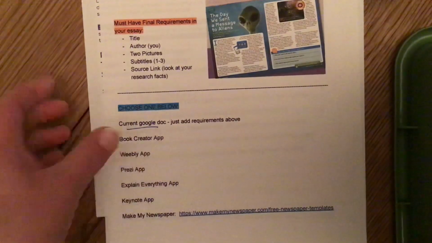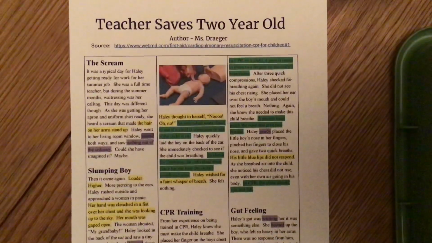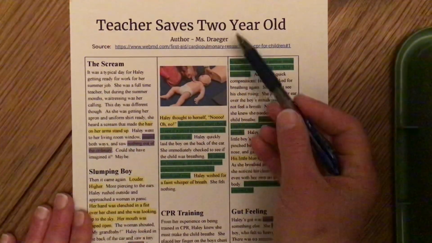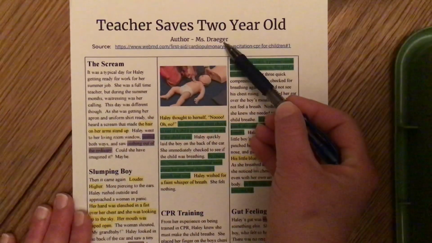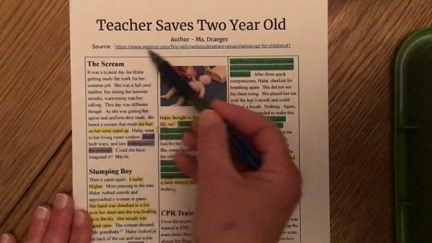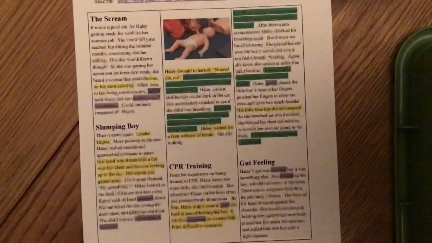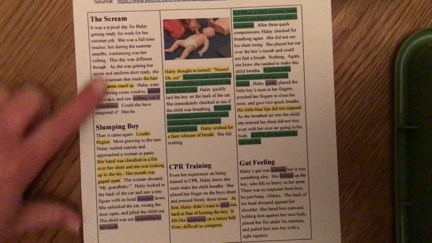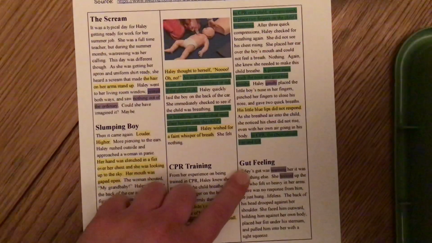I use the Google Doc, and this is what my essay looks like. I added a title, Teacher Saves 2-Year-Old. I put the author, the writer, that's me. I put the source of where I got all my facts from. And then you can see the subtitles I just created in my essay.